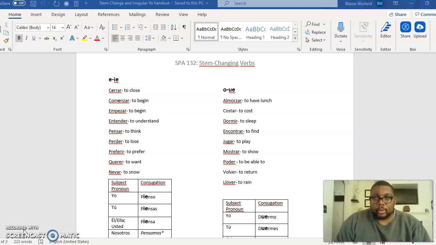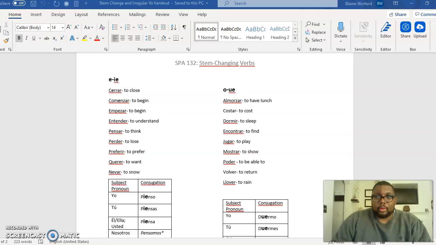So the other thing I should say about stem changes is that they don't occur with vosotros and nosotros, right? So any nosotros or vosotros form, we're going to skip this stem change. We'll still conjugate, but there'll be no stem change for those types of verbs.